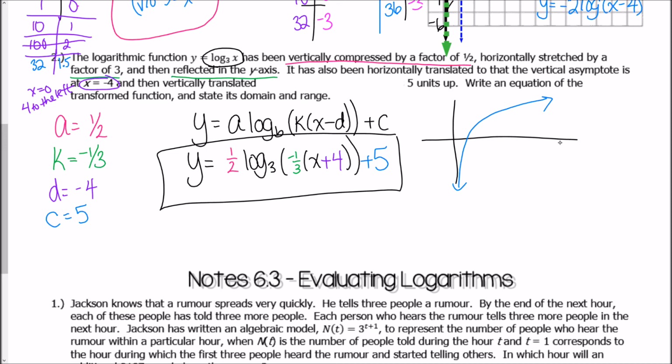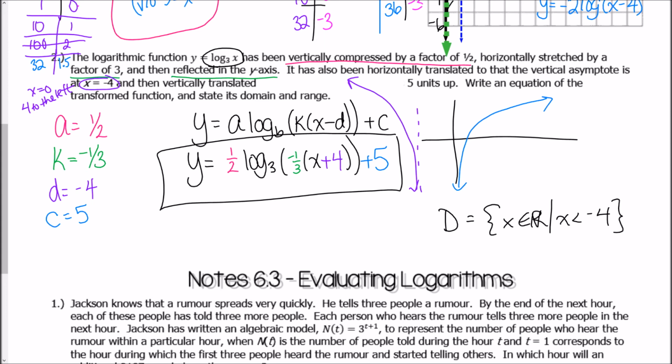So if our original domain was x is greater than 0, then our new domain has to be x is an element of the reals such that x is less than -4, because our vertical asymptote is at -4, but it was reflected in the y-axis right here. So here we're going to say that x is less than -4.